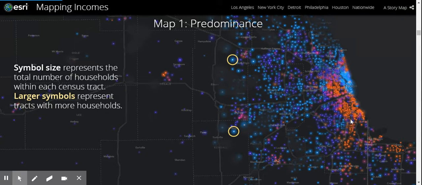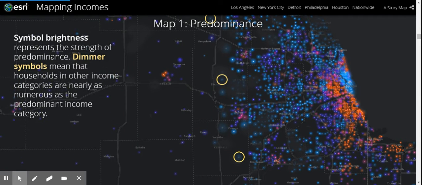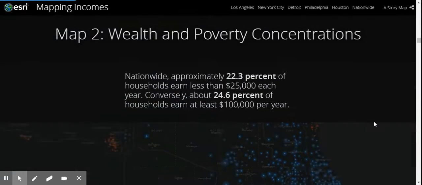And this orange right here is extremely orange. How bright these dots are indicates how strongly there's that predominance. Predominance is the prevalent, the largest amount of people. How common is it in this area for there to be people making over $100,000?